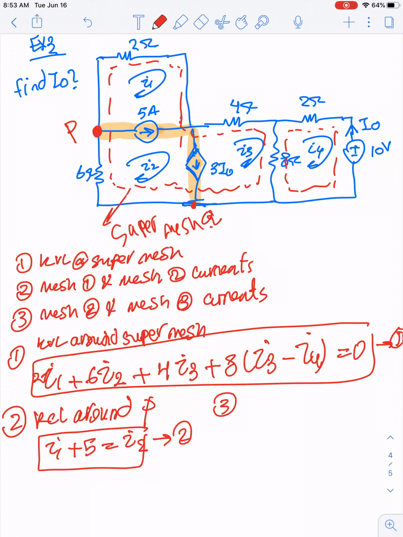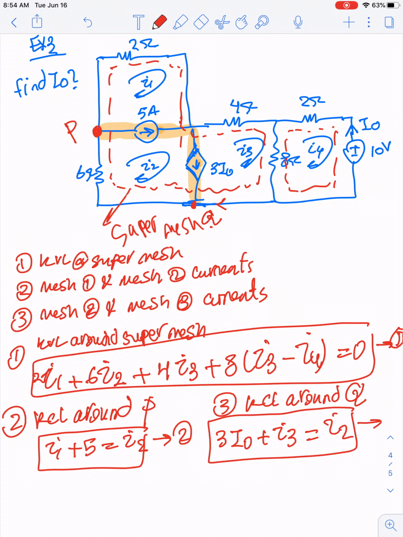Let's call this node Q. Doing KCL around Q, flow in is equal to flow out. Flow in is 3 IO, and also I3 is flow in, so plus I3. Flow out is I2, so it's equal to I2, and this is equation 3.